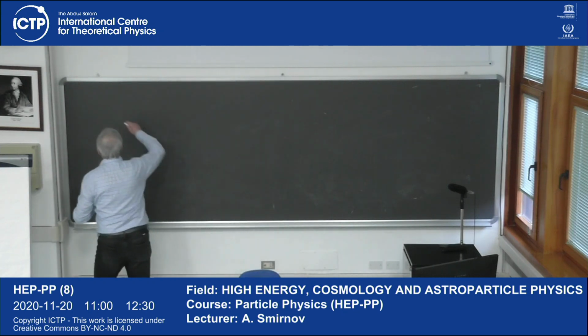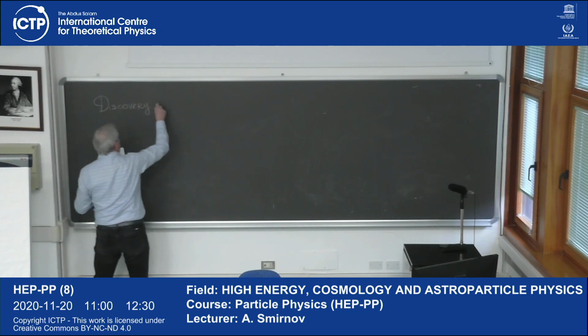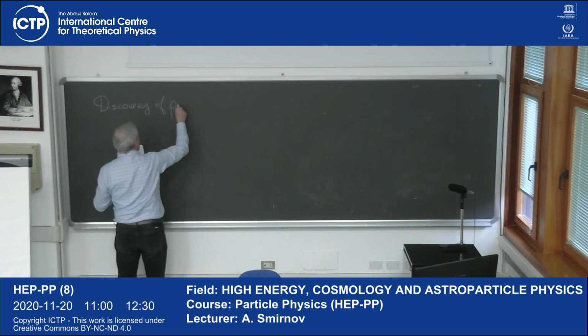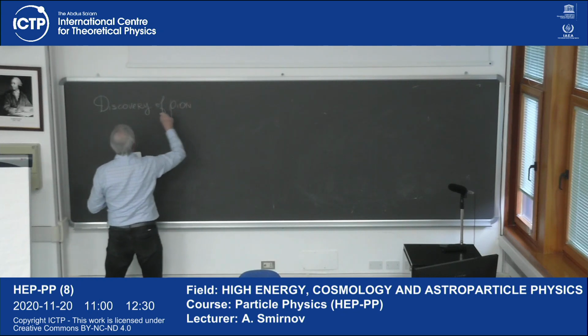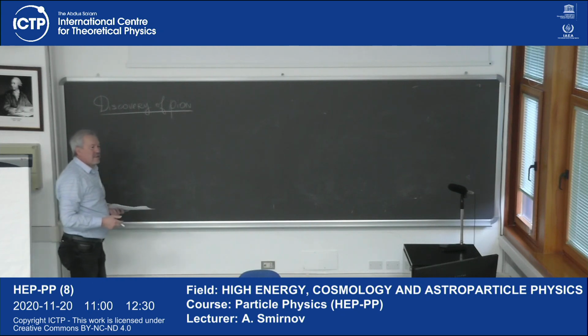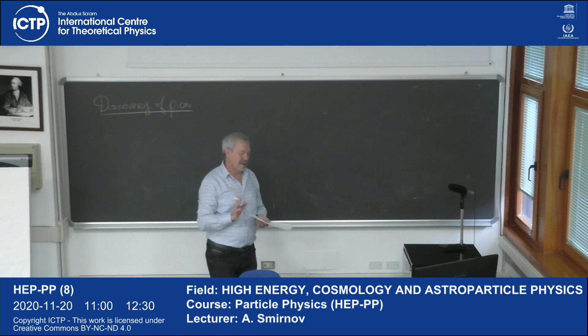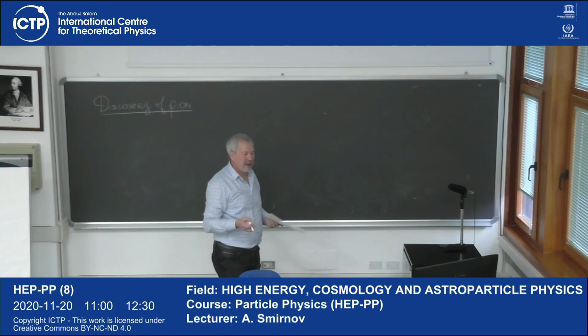Now, discovery of pion, which also allows us to introduce many concepts. You see, there are very important particles, many particles, thousands of particles, but some of them are extremely important because studies of their properties allowed us to develop the theories.